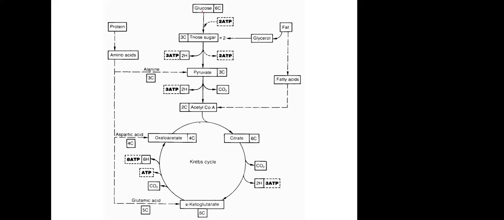Now, you notice that when glucose has been formed from photosynthesis, some of it is going to be broken down to form a triose sugar, and this triose sugar is going to later on be converted into pyruvate.